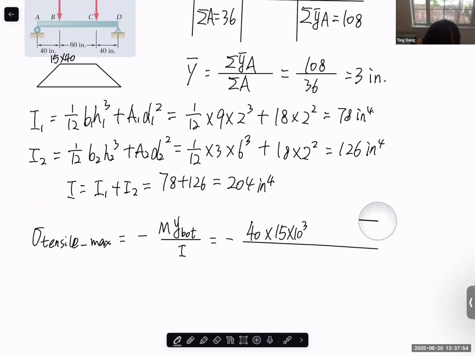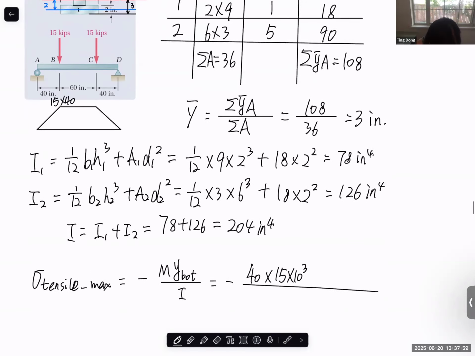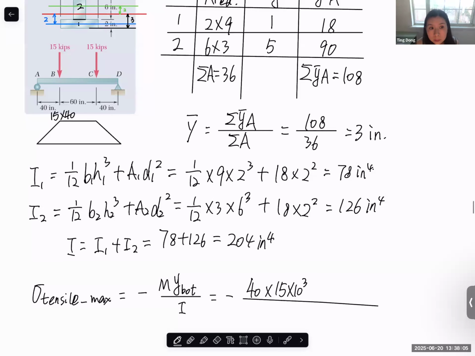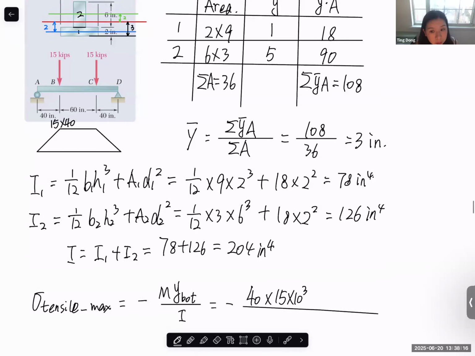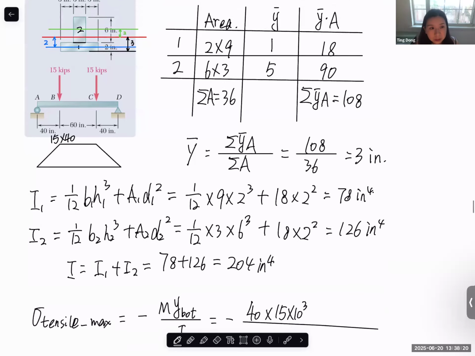Y bottom. What should we use for Y bottom? Three. Very close. 5? Why 5? It should be -3.